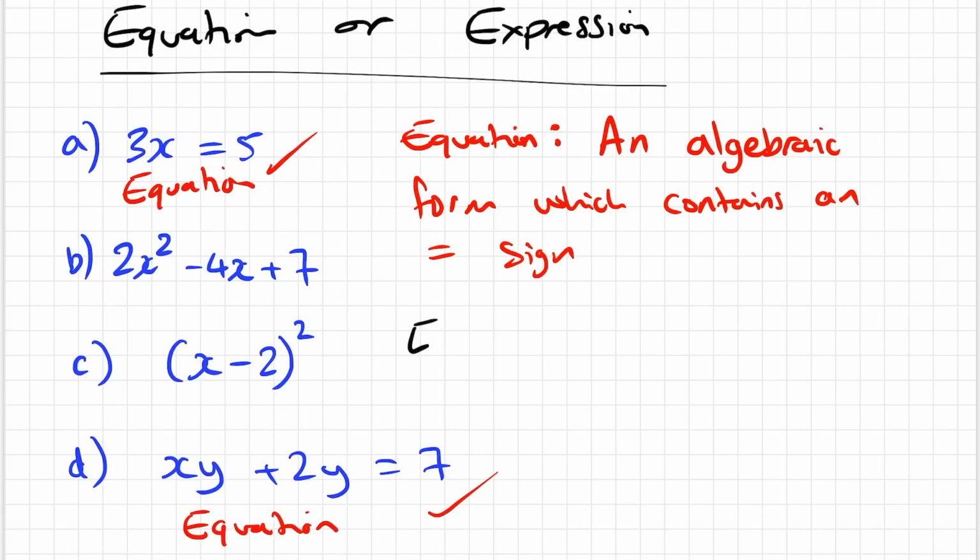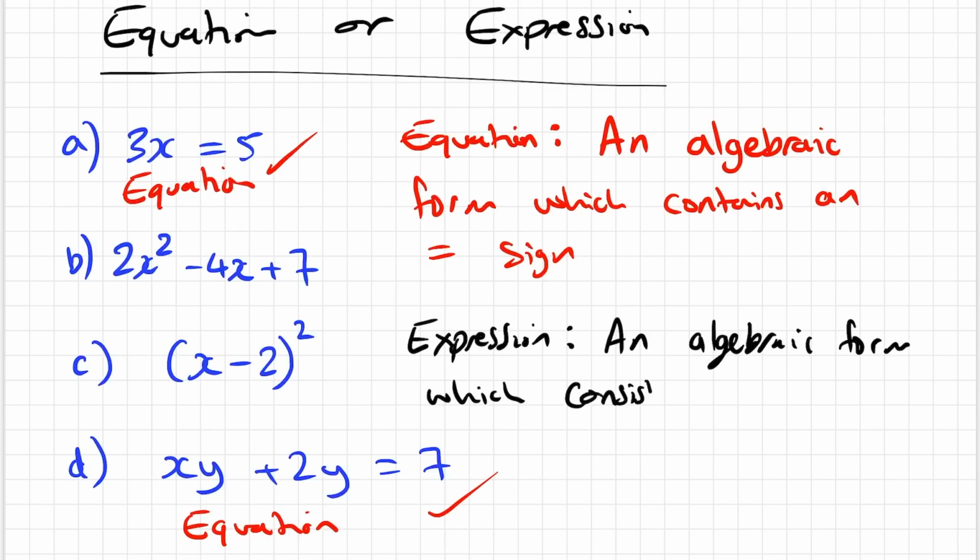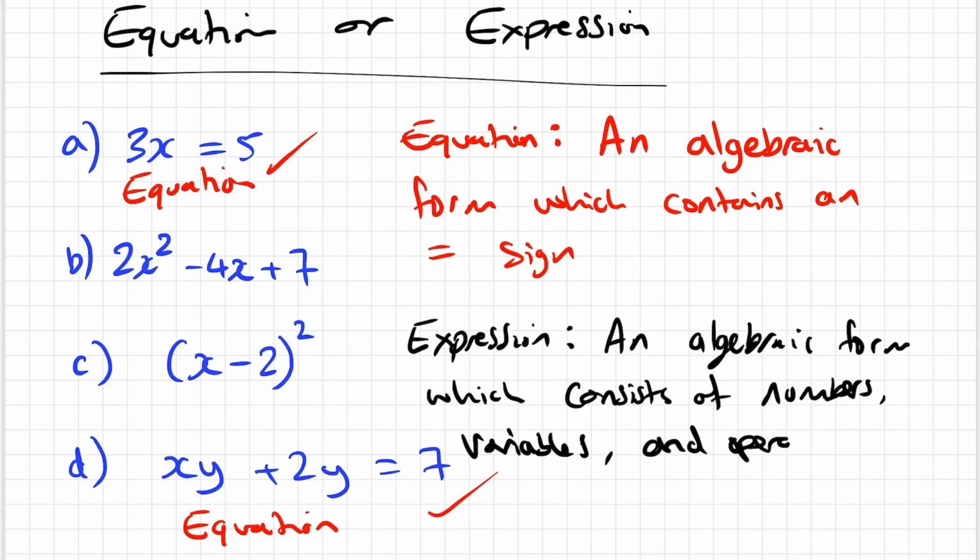Now, what is the definition of an expression? It's an algebraic form consisting of numbers, variables, and operation signs. So let's just check if that's true. Let's see if we see any numbers. We do see numbers. There's a number, there's a number, there's a number. Do we see variables? Yeah, there's a variable, there's another variable, and operations.